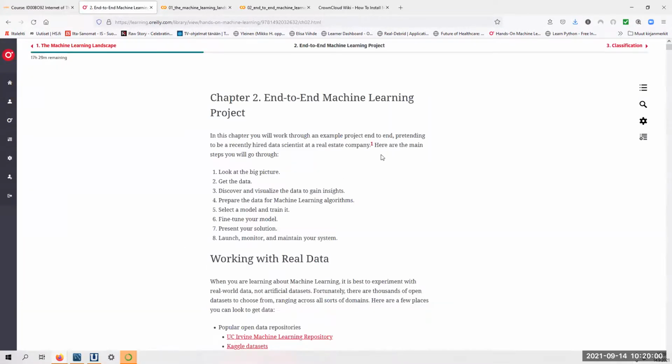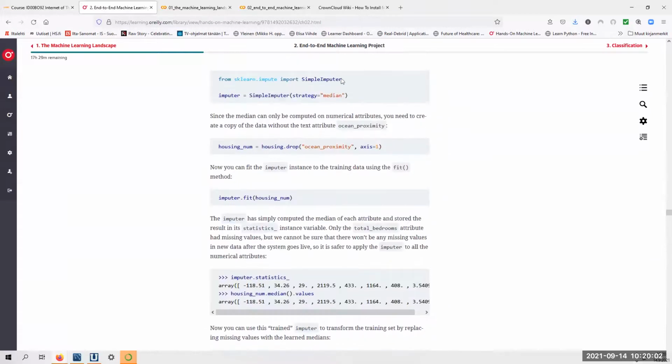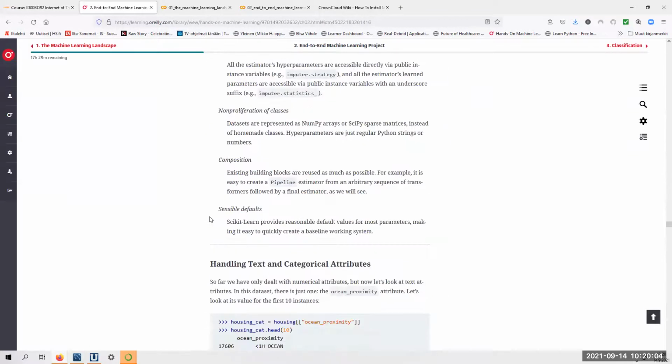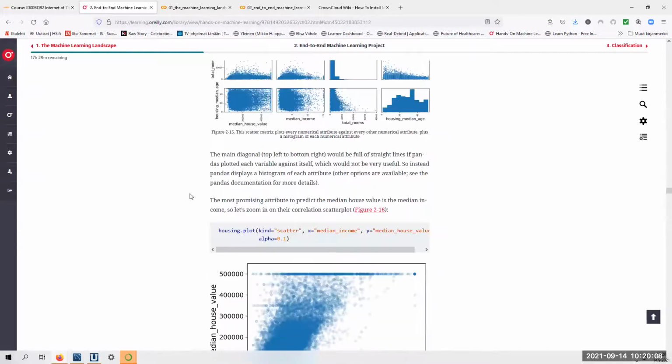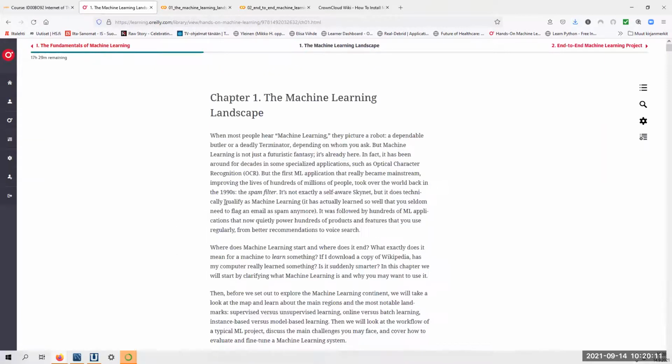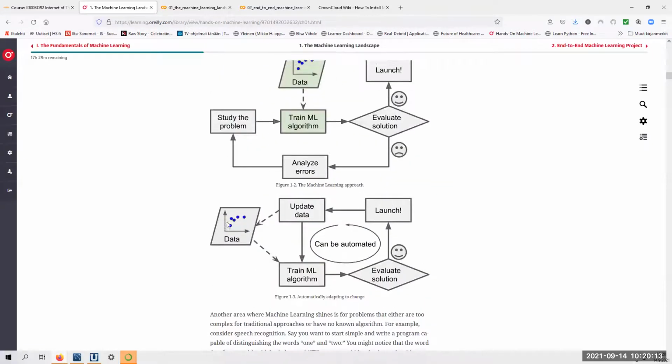So last time we were somewhere in chapter 1, the machine learning landscape.